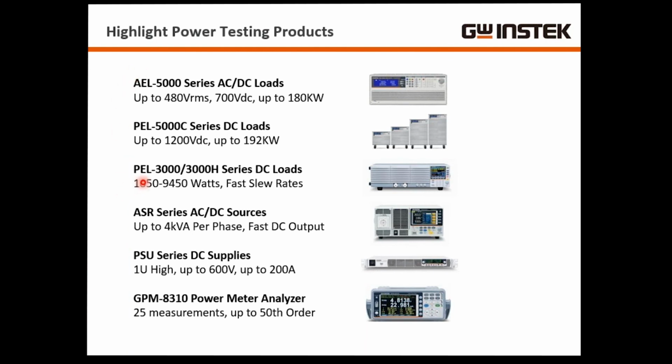We still offer our PAL 3000, going up to 9.5 kilowatts of load consumption. Our ASR series, which I stated before was limited to 1 kVA, is now up to 4 kVA. And recently we came out with a controller for these AC/DC power supplies.